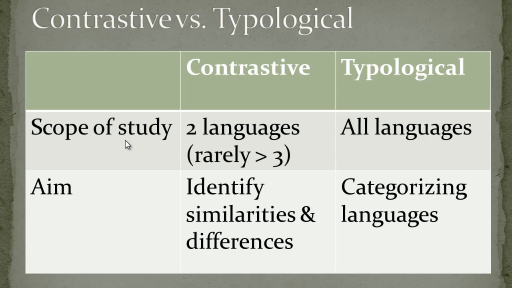And those are the 4 major categories. With contrastive linguistics, we try to identify similarities and differences. And when we identify similarities and differences, it helps us to focus our attention on the possible errors and mistakes that the learner can make.